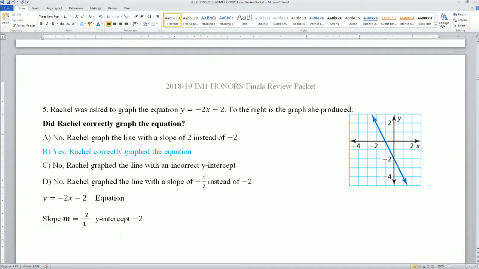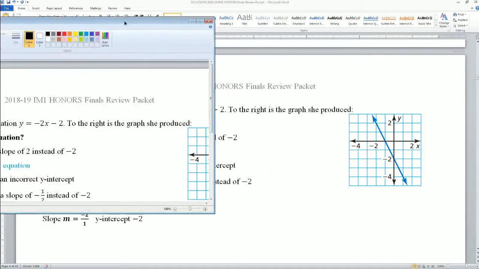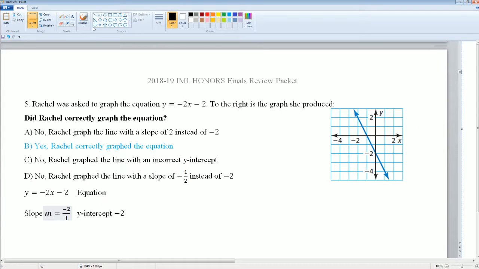If that does not make sense, I could pull up Paint for you, and I can show you this in Paint. Alright. So here, the y-intercept is negative 2. Right here, negative 2, right?